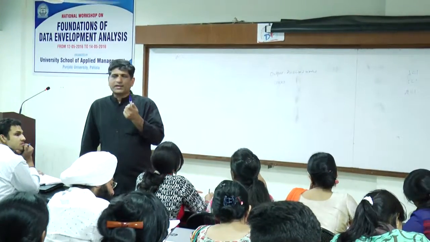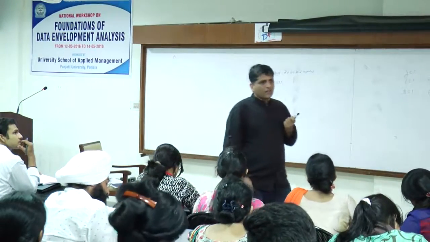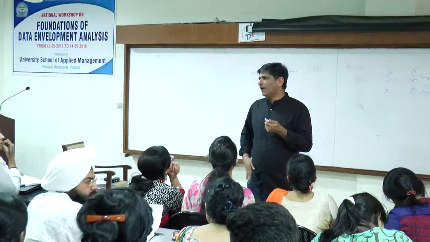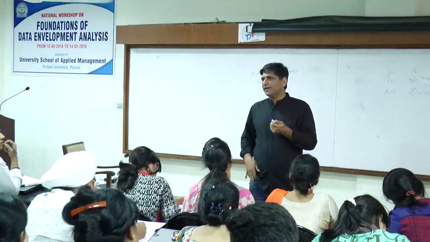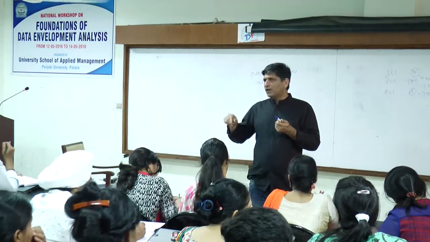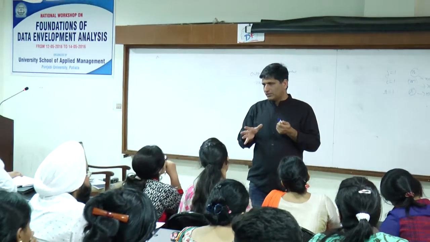One is the objective function and the second is the constraints. And constraints are further divided into 2 parts. One is the structural constraints and the second is the non-negativity constraints. X1, X2, X3, Xn greater than or equal to 0, that is the non-negativity.